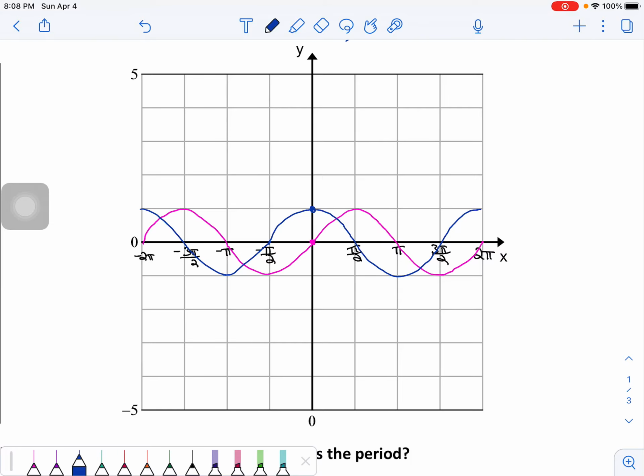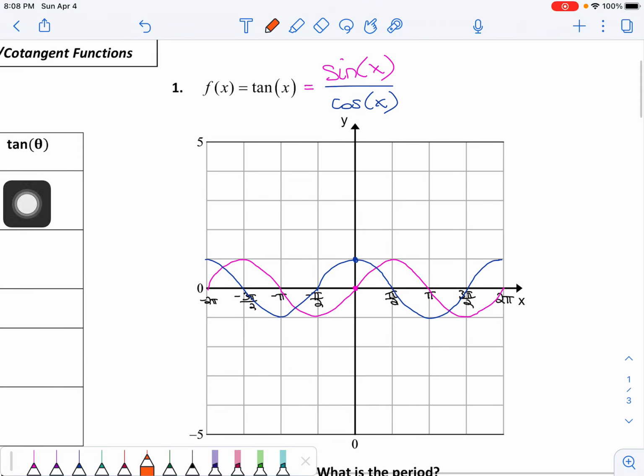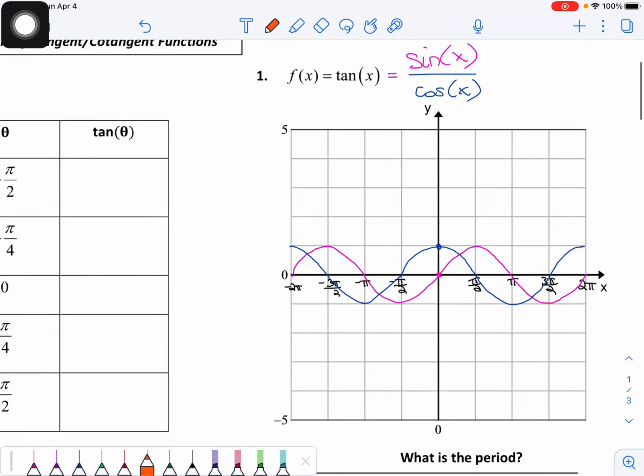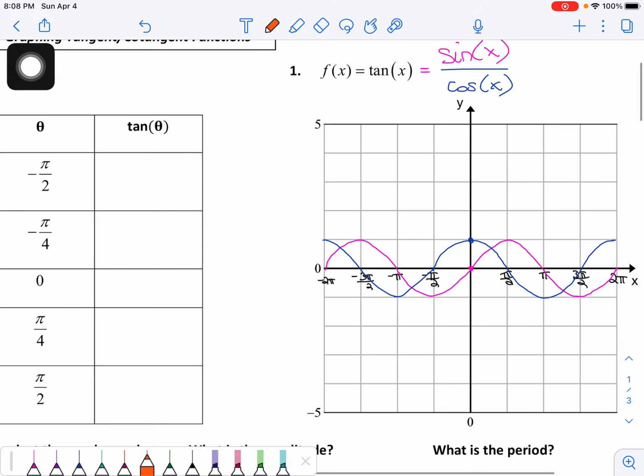So we've talked about these two curves basically being the same curve shape, which is close enough based off of my graph. Now, a couple things are going to happen here. I know that tangent is sine divided by cosine, and we have this pretty little table of values right here. So let's start at negative pi over 2. At negative pi over 2, I've got a sine value of -1 and a cosine value of 0.